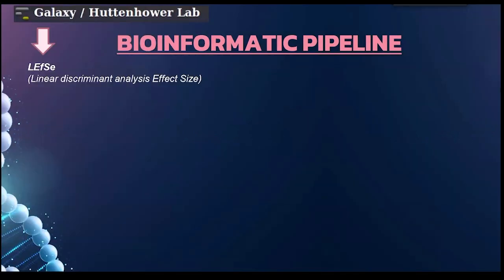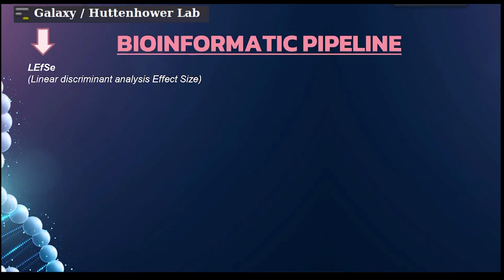However, different algorithms have been developed, and in this case, I want to show you the LEfSe algorithm because it is a special algorithm for this kind of data to get potential bioindicators. This program is available for free in the Galaxy platform, and you can use it for your own project without any cost.